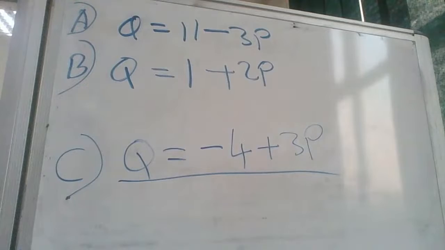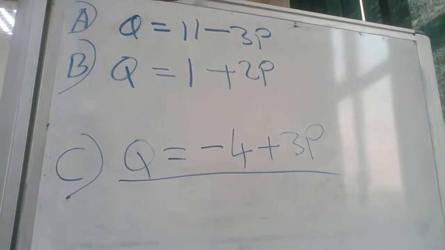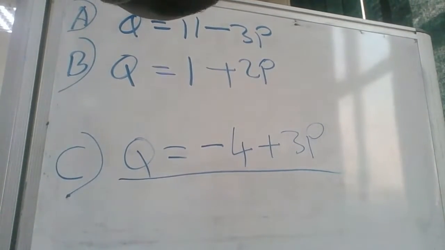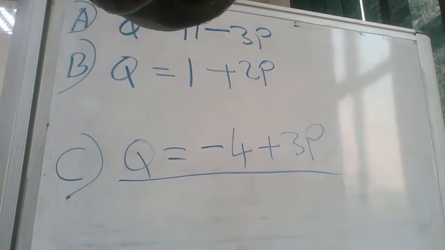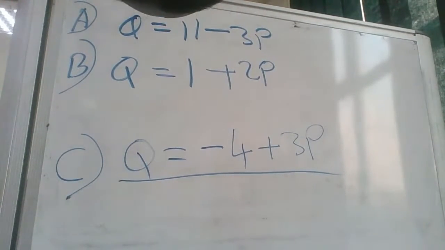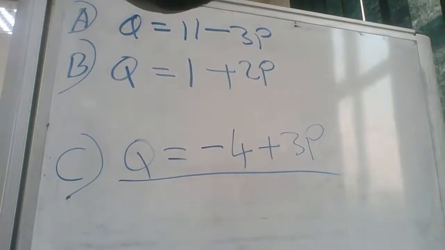Okay, we have Robson. There is a negative sign showing us an inverse relationship. That's from Robson Zulu.